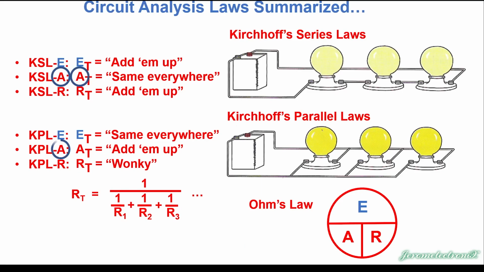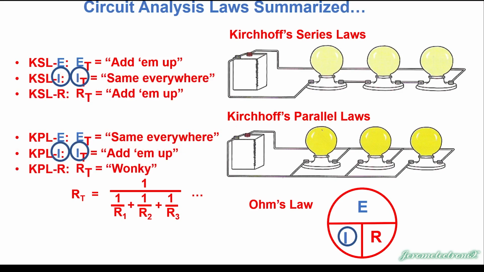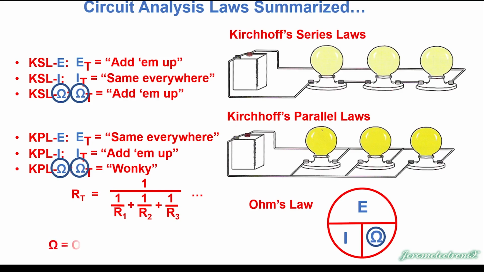A, sometimes we will swap that out for the intensity, right? The intensity or current or amps, okay? R, sometimes we'll swap that out just to confuse people with the little horseshoe, the omega, the Greek letter omega, which reminds us that it was Georg Ohm, whose last name was Ohm, joined the resistance, all that stuff.